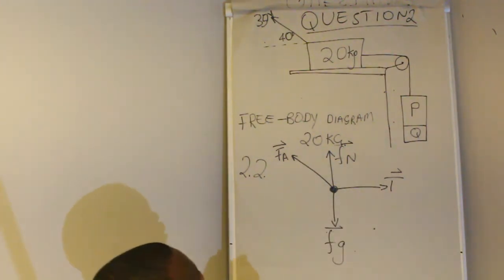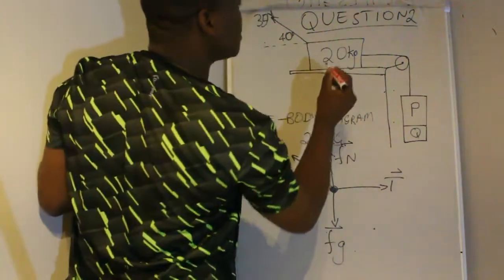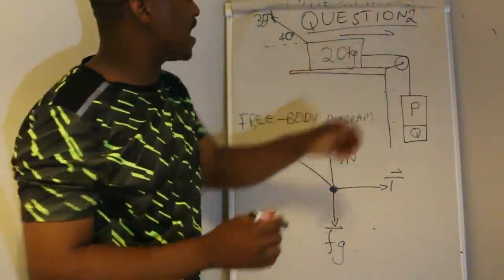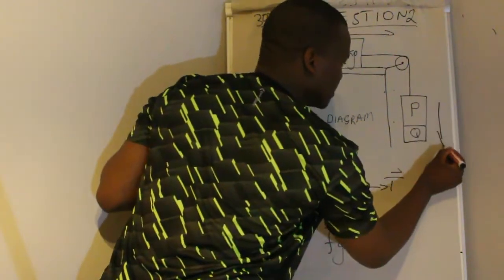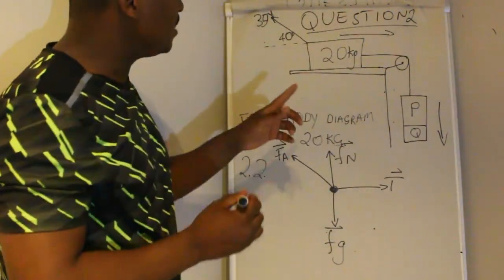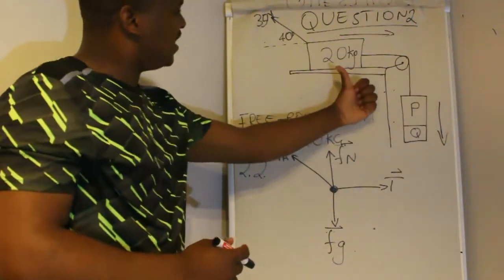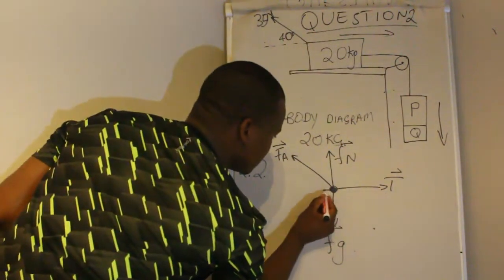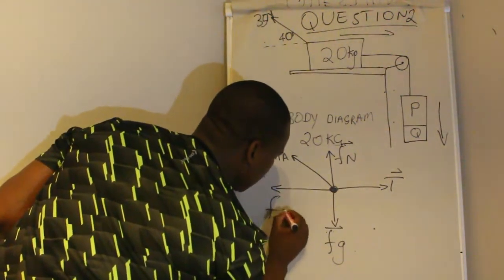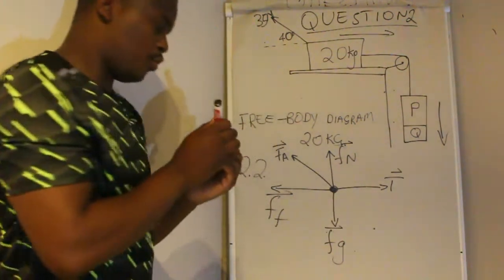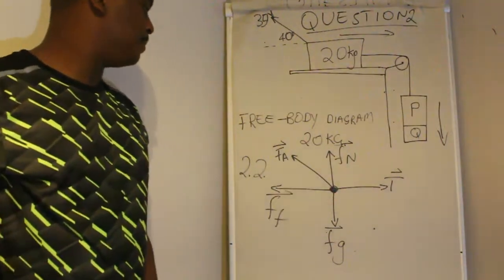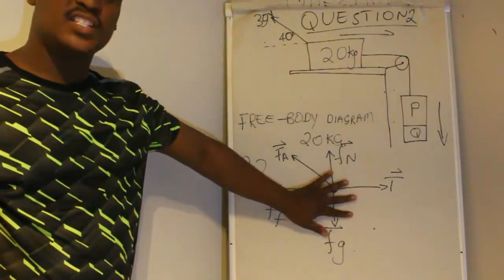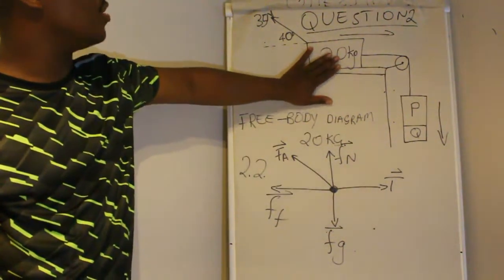Because the object is moving to the right, as they said in the statement, the frictional force is opposing the motion, so it is on this side. So we have the frictional force here. So this is a free body diagram of this 20 kg block. These are all the forces that are acting on this block.